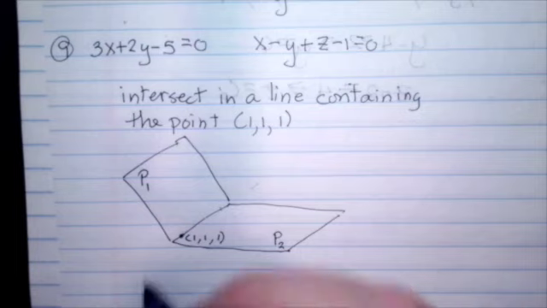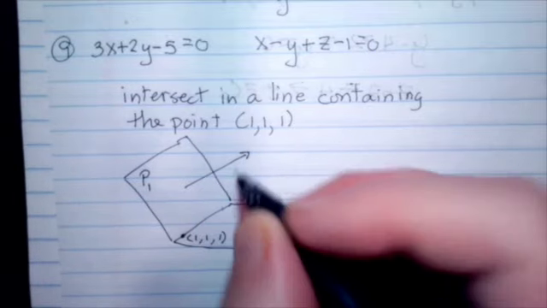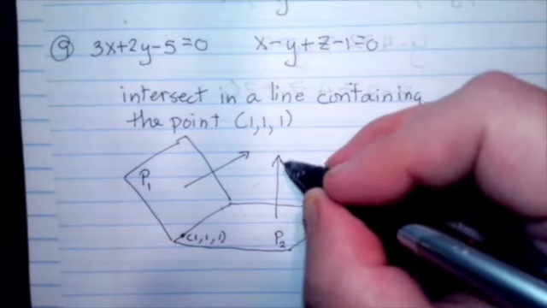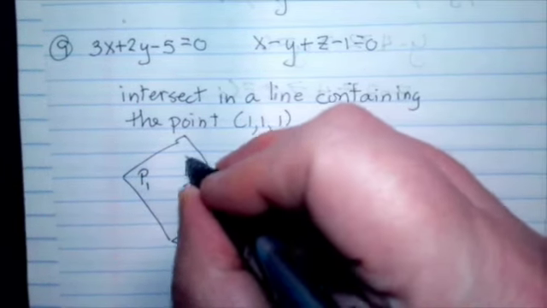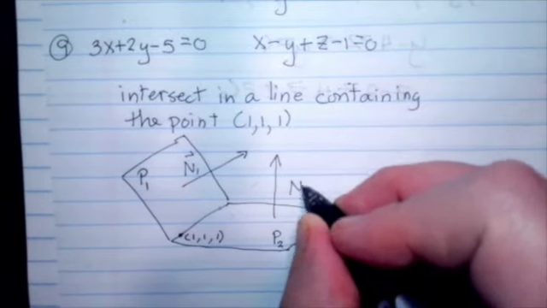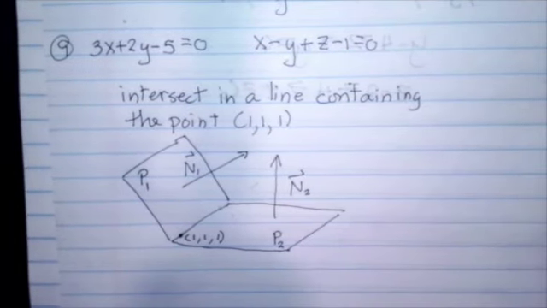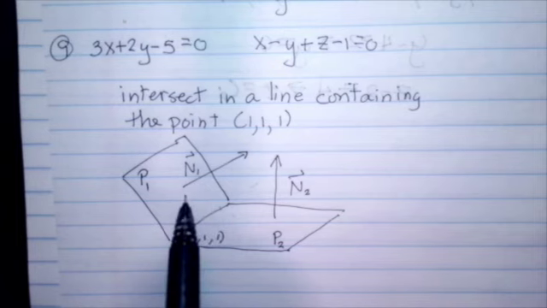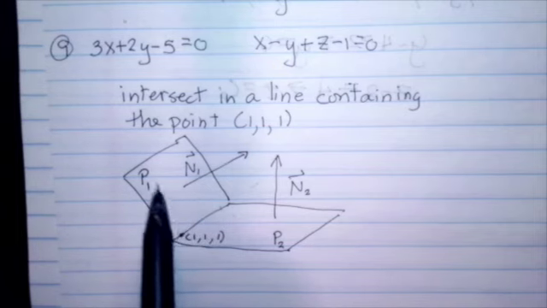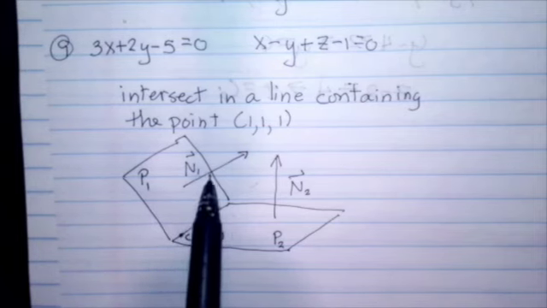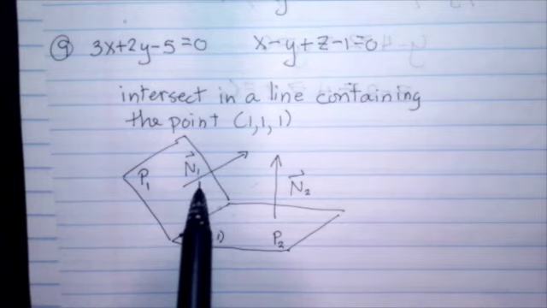So here's what I'm going to do. Let's consider the normal vectors n1 and n2 of these 2 planes. By definition, any vector in the plane P1 is going to have to be orthogonal to the normal vector n1.